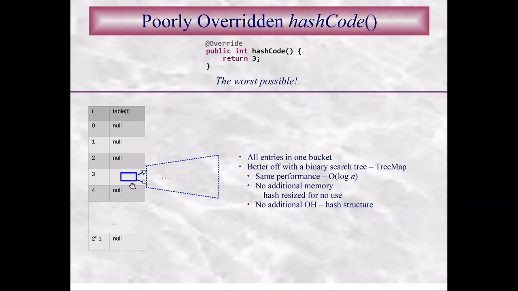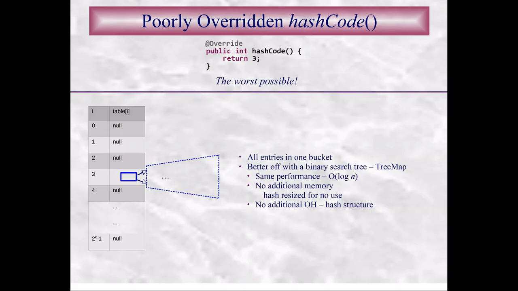Every time the number of entries hits a certain limit, it increases the size, but then it doesn't change anything. Everything is going into one bucket still. The rest of the buckets are all null. You allocated a lot of memory for nothing, and you have additional overhead for maintaining the hash structure.